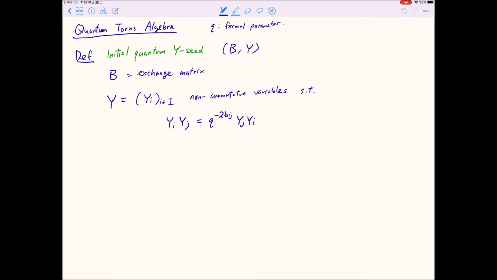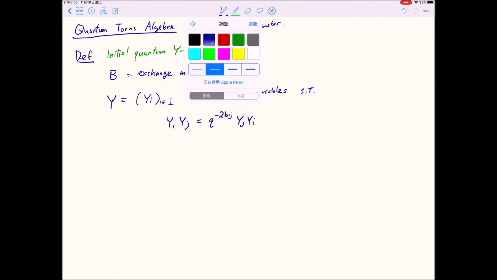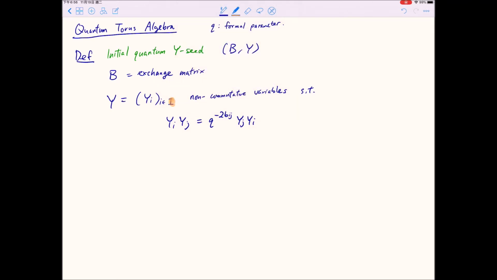So you have a bunch of non-commutative variables indexed by I, the index set of the quiver. So B will be an I by I matrix. So you have that many variables, and then they will satisfy such a relation.